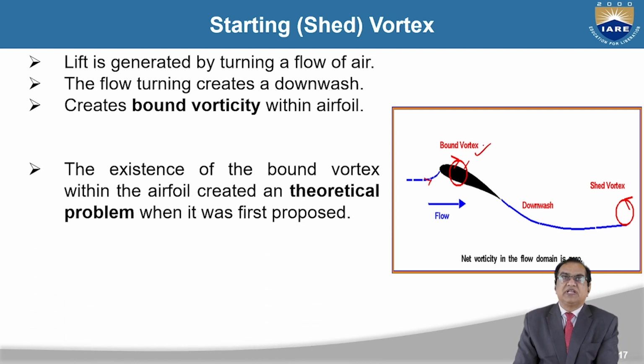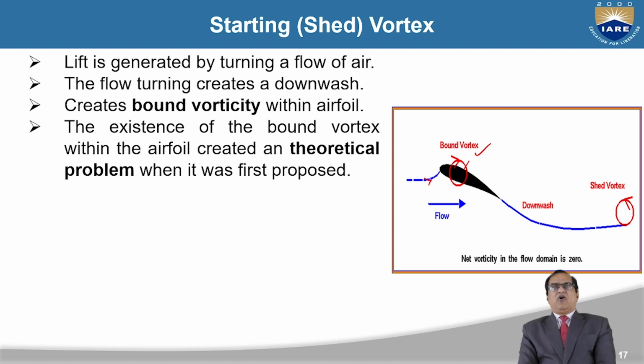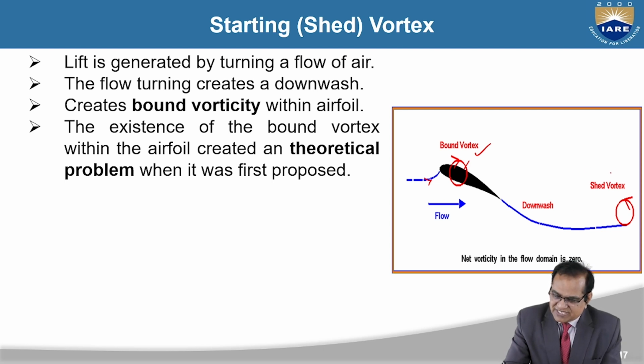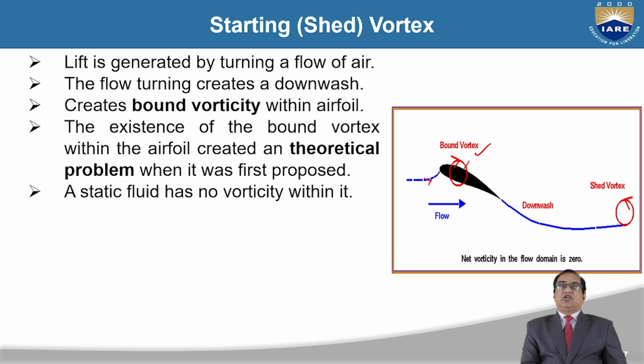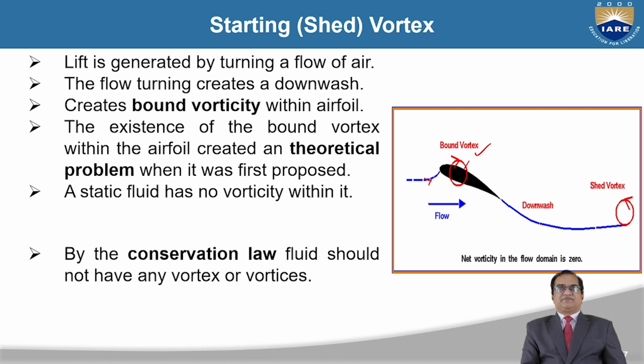The existence of the bound vortex within the airfoil created a theoretical problem when it was first proposed. People were not believing that it was possible. A static fluid has no vorticity within it.